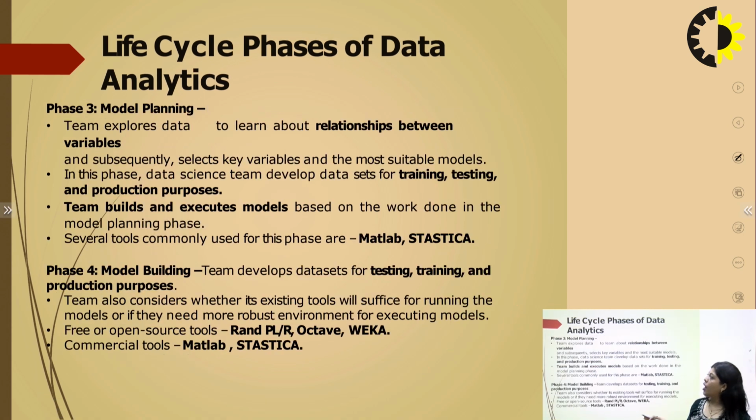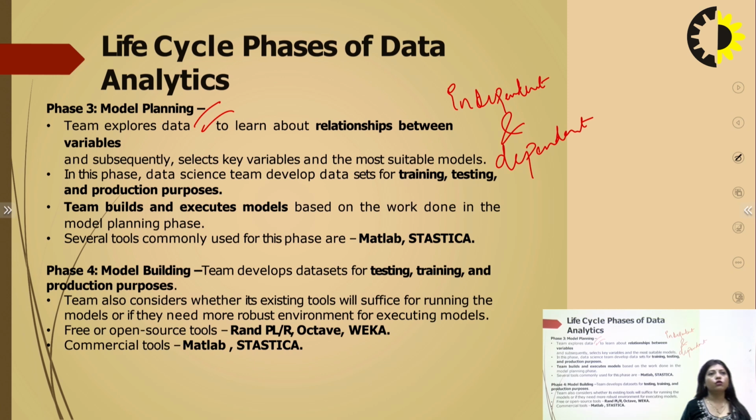After data preparation, the next phase is model planning. In model planning, the team explores data to learn about the relationship between the variables. There are two types of variables: independent variable and dependent variable.